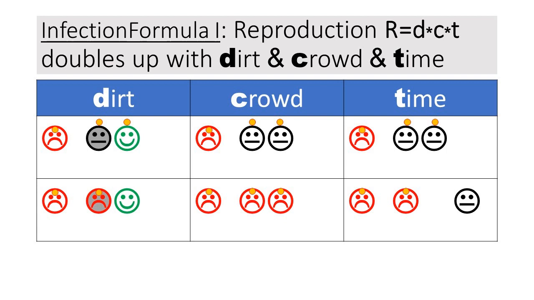The first infection formula is a three-factor doubling formula that is quickly found on Google. The formula finds the reproduction number, R, by multiplying the three infection factors: the dirt factor, the crowd factor, and the time factor.